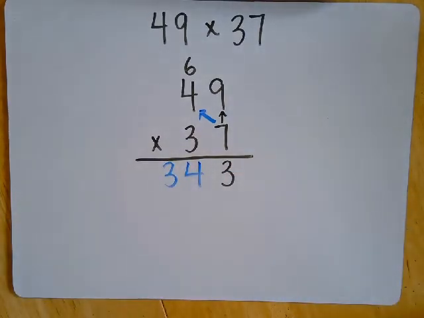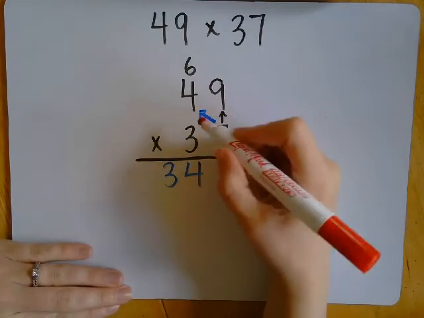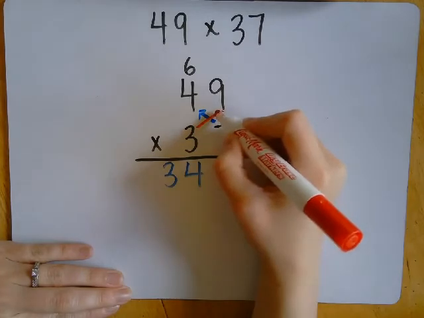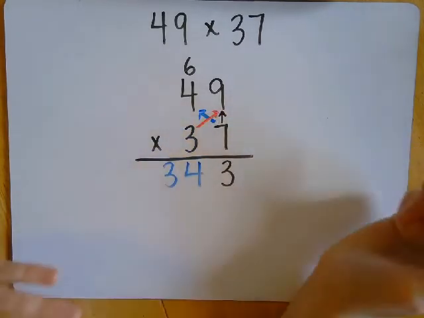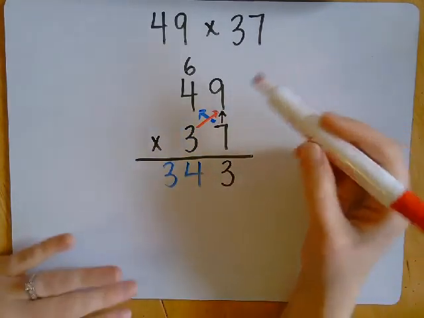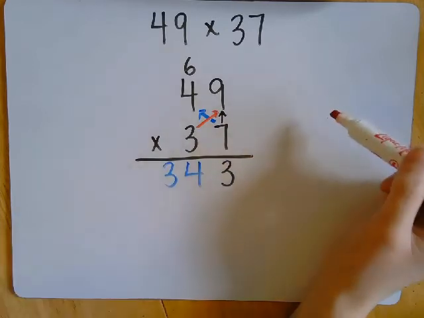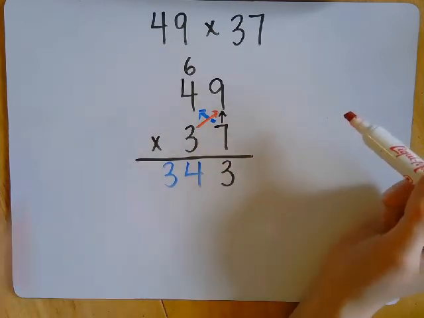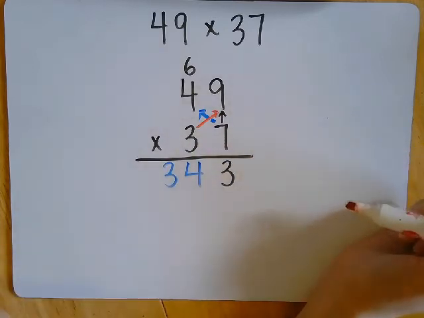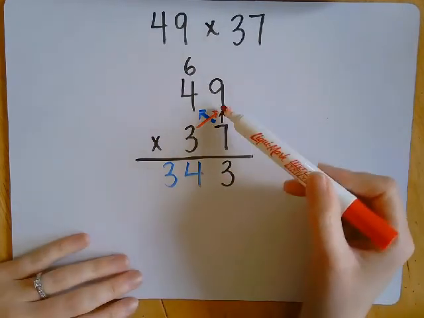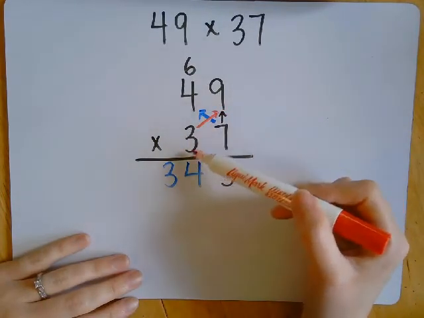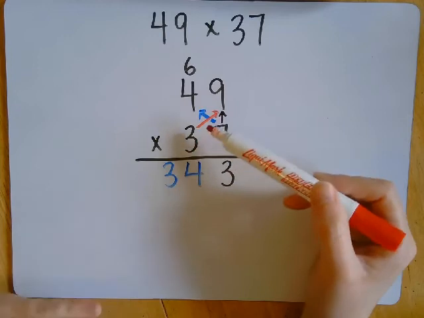Okay, for the next part, I need to multiply 3 times 9. I am going to show this over on the side just so the next steps don't get too confusing. I can look at 3 times 9 or 30 times 9 as 3 times 9, which is 27.